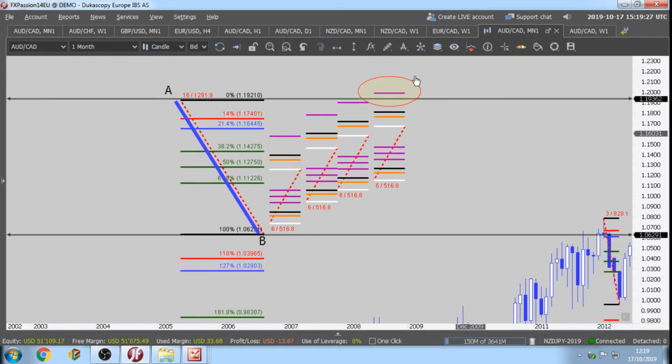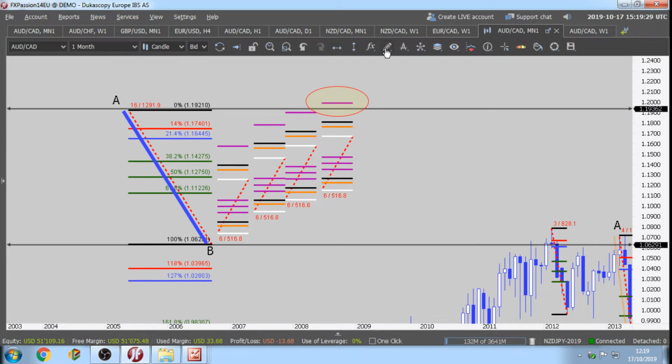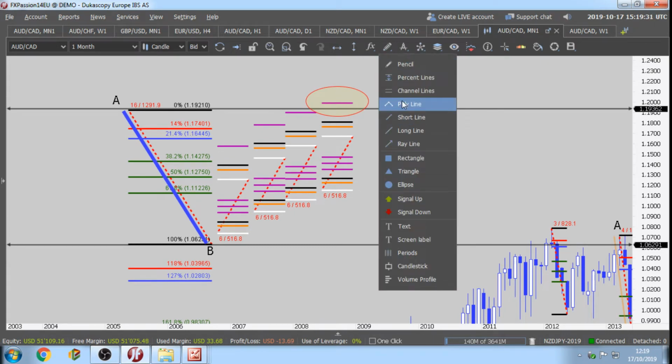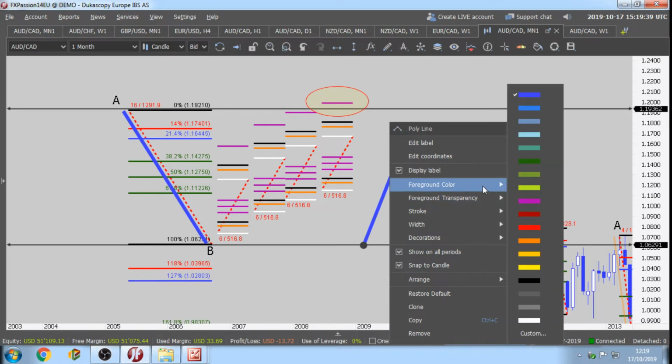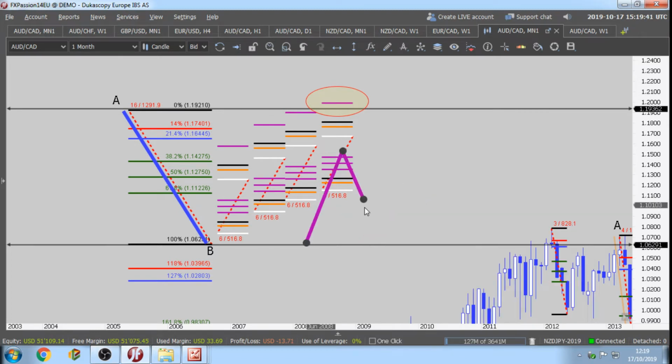Okay, so let's make an example. Let's say that from the B, this is the sequence. A to B, and the violet line is the sequence.